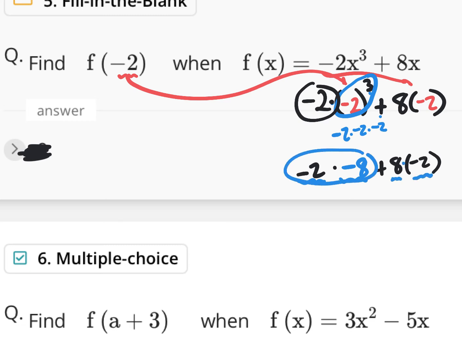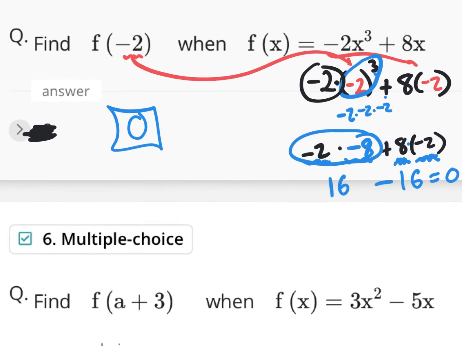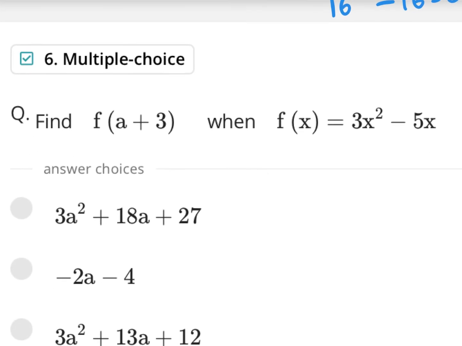So -2 times -8, that's +16. And over here, a +8 times a -2 is -16. So what we have here is 16 take away 16, which is 0. So on this one, you actually have to type in the number 0, hit enter, and that'll be the correct answer for number 5.